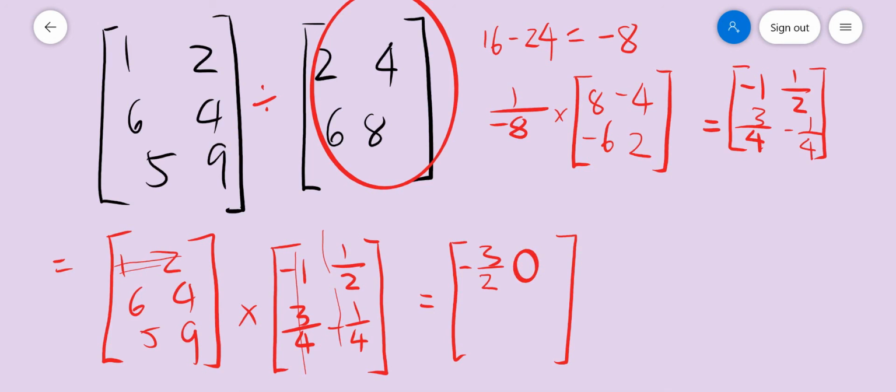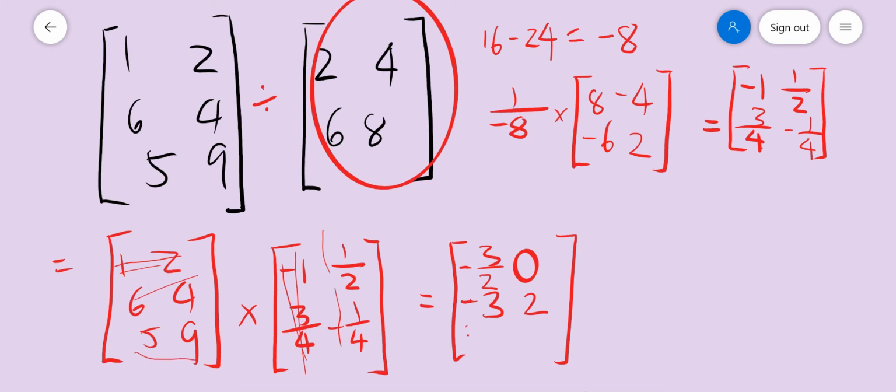And this number is second row, first column. That is minus 6 plus 12 over 4, that is 3. Minus 6 plus 3 is minus 3. This number, second row, second column. That is 6 divided by 2, that is 3, plus minus 1, that is 2.